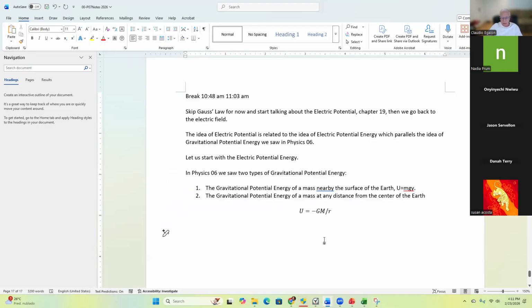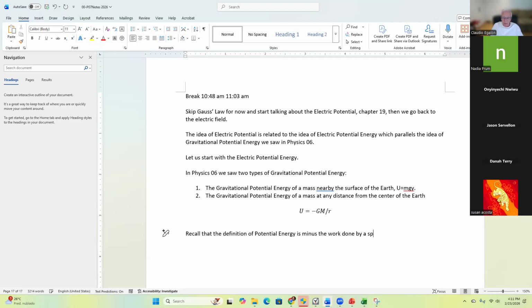And the potential energy is defined as, recall, minus the work done by a special type of force. Do you remember the name of that special type of force?